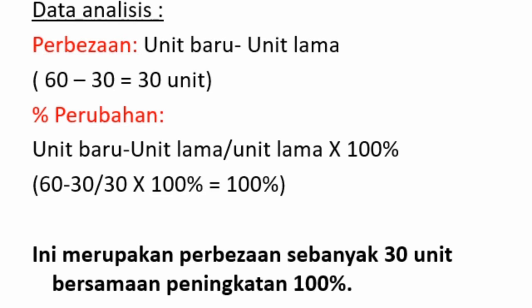Tapi kalau nombor dia negatif, jangan awak tulis negatif. Awak tulis dia sebagai peratus perubahan yang menurun. Okay, so ayat untuk nasi lemak, data analisisnya ialah ini merupakan perbezaan sebanyak 30 unit bersamaan peningkatan 100%, not unit.